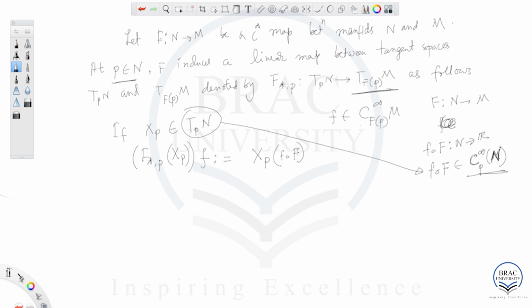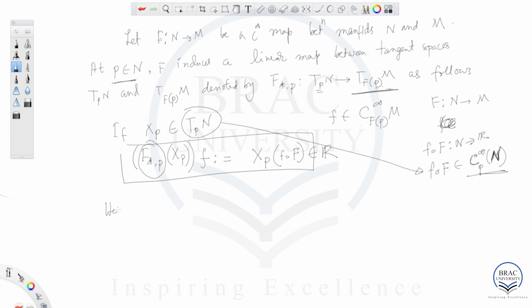According to the definition of tangent vector, the tangent vector acts on a germ of smooth functions and spits out a real number. Okay, so this is the definition of this linear map between respective tangent spaces.